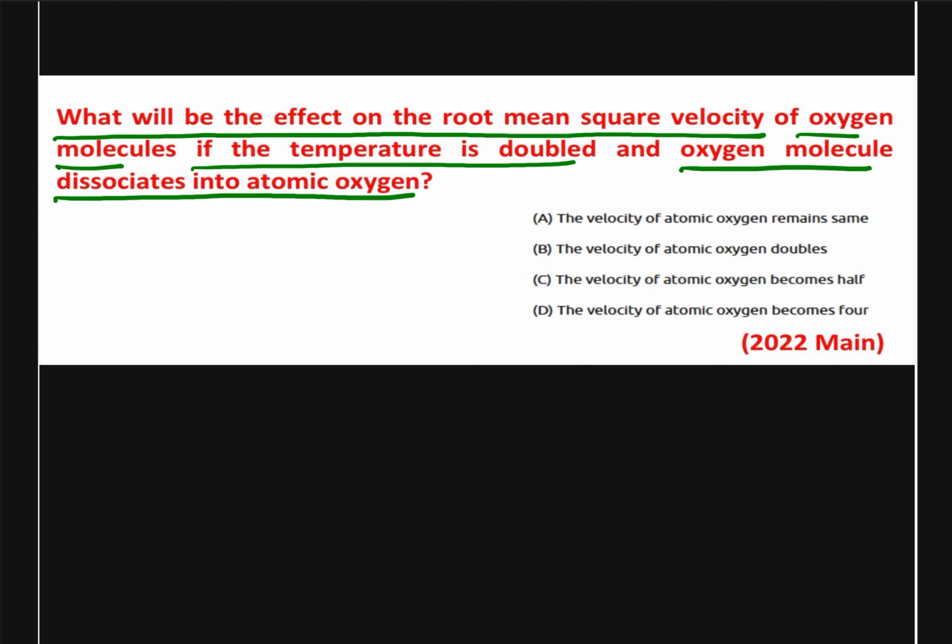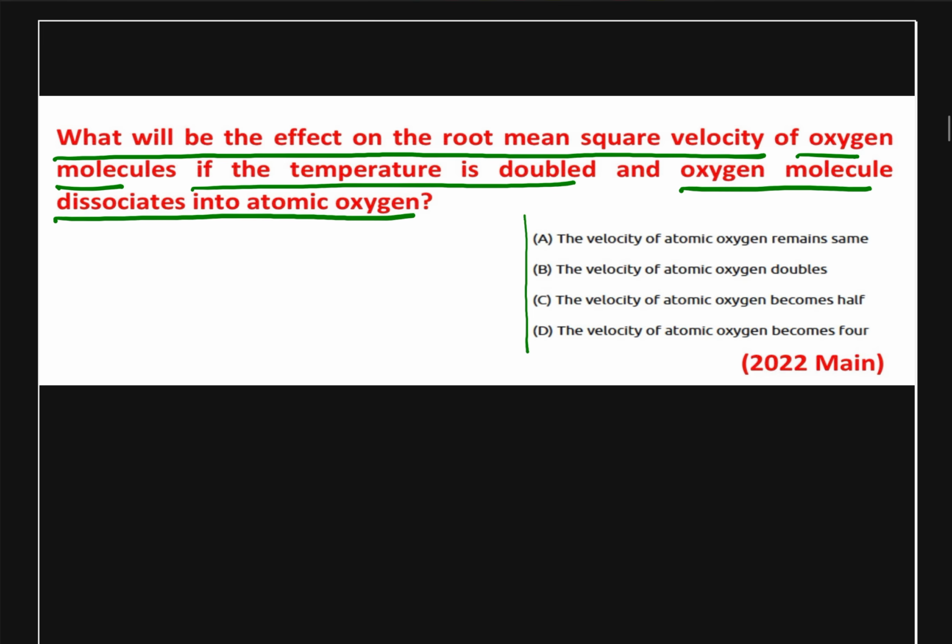This is directly based on the formula that VRMS is equal to the square root of 3RT upon M. And here both things are varied. Temperature is becoming double, and the molar mass is also changing because first it is oxygen molecule, then it is atomic oxygen.